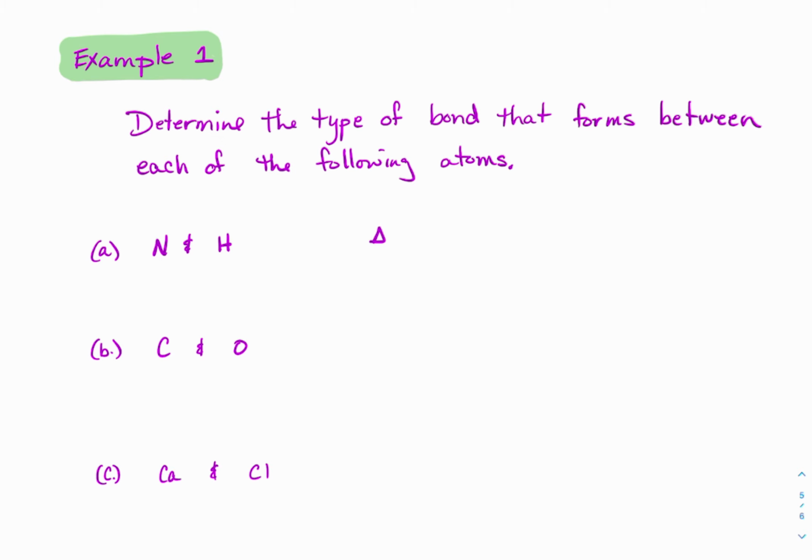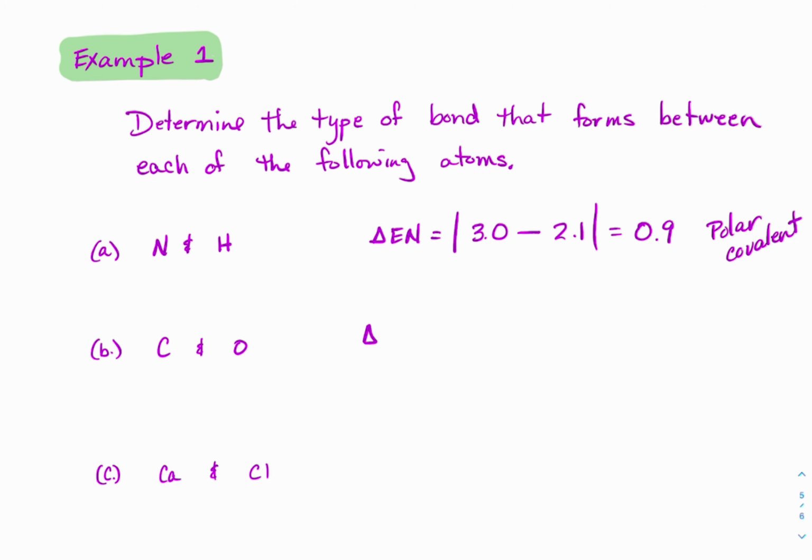We'll take our difference in electronegativity as the absolute value of nitrogen, which happens to be 3.0, and we're going to subtract hydrogen's value, which is 2.1. That ends up being 0.9, and because it's 0.9, we call this polar covalent.